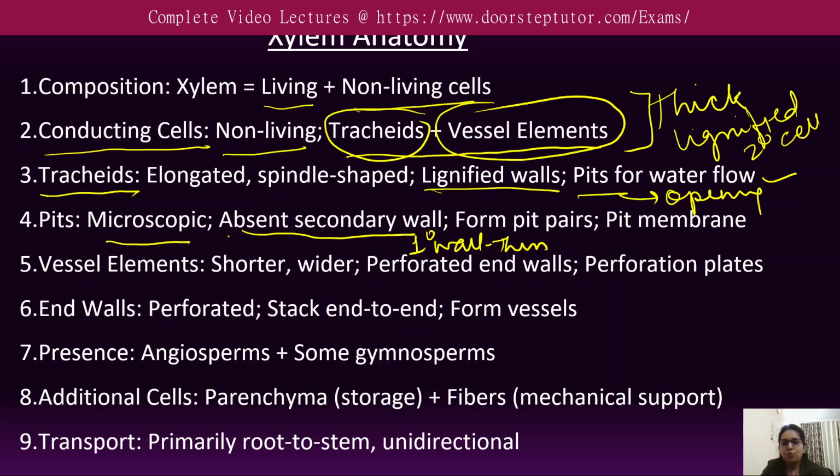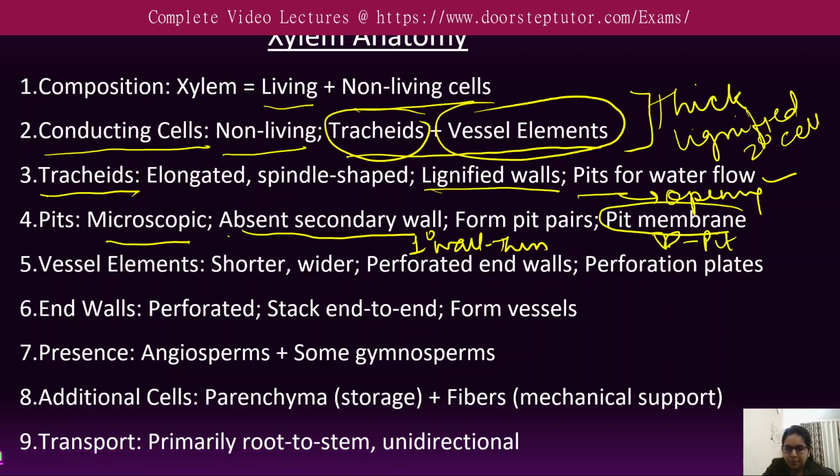The pits of one tracheid are typically located opposite the pits of the adjacent tracheid, like this: the pit of one tracheid and the pit of another tracheid. Thus they form a pit pair, which is separated by a pit membrane.